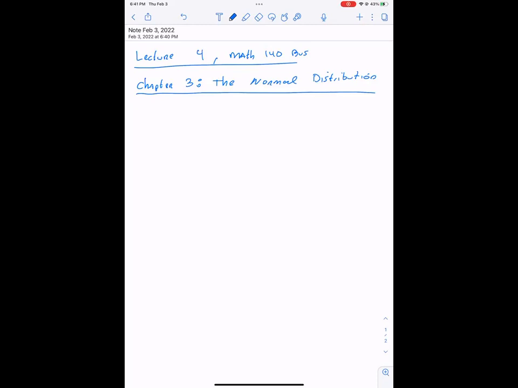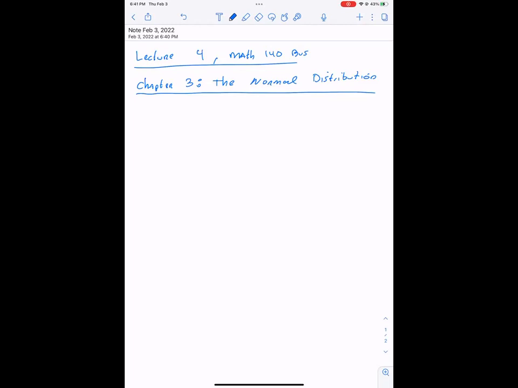So first, there is a big difference between what we did before in regards to the previous distributions and the normal distribution. Previously, when we talked about distributions, we had data from some sample, and we made a histogram.